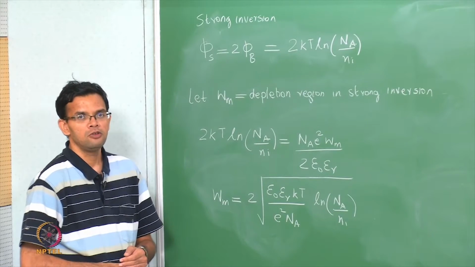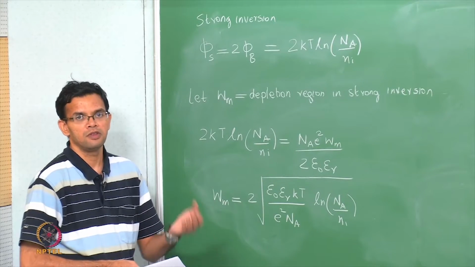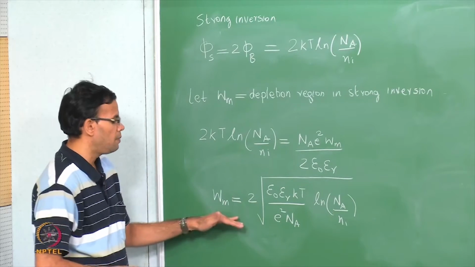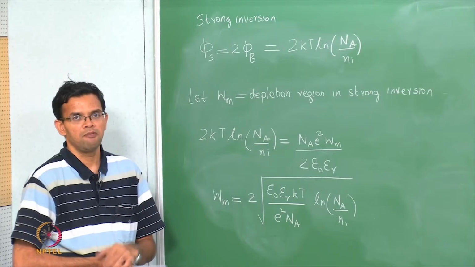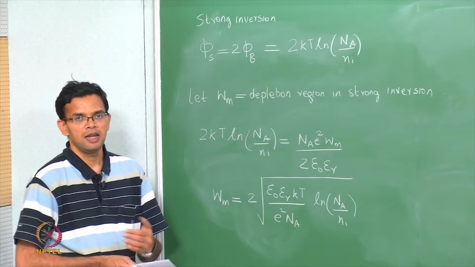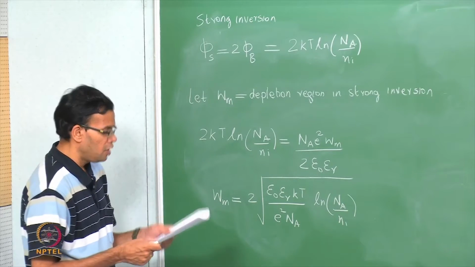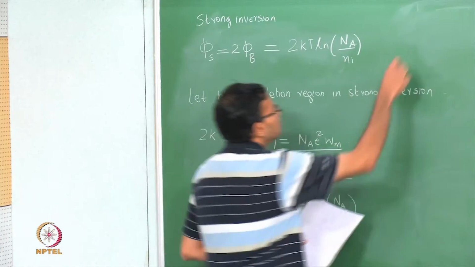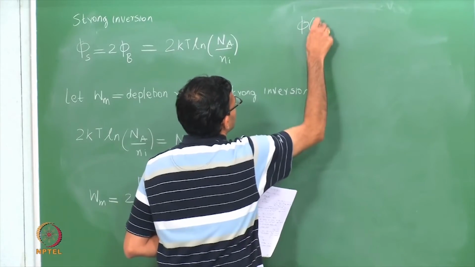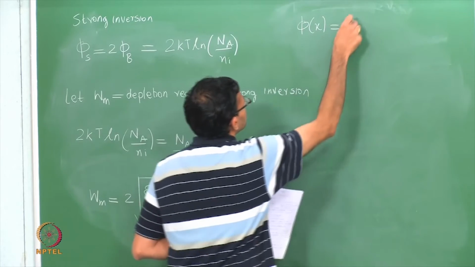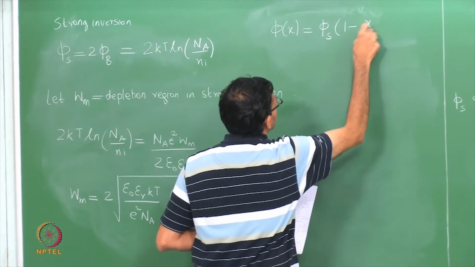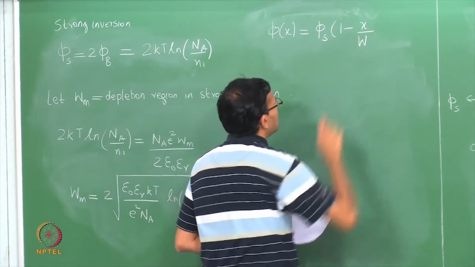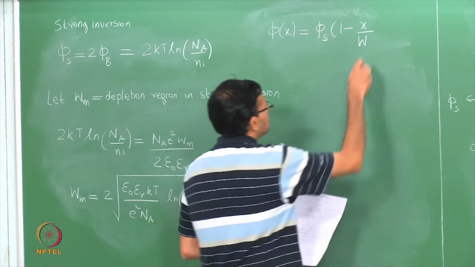We also wanted to find the width of the inversion region. The depletion region is both the inversion and the other region where we have P greater than N, but less than Na. In order to do that, we start with this expression psi of x minus x, and now I am looking at a condition of strong inversion.